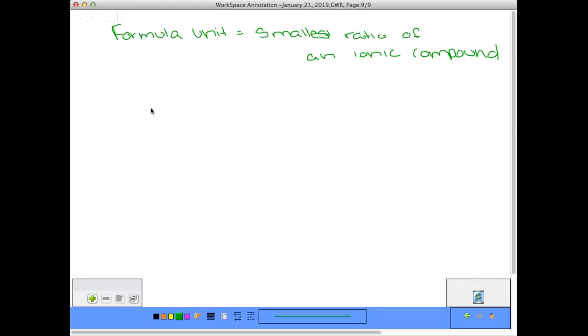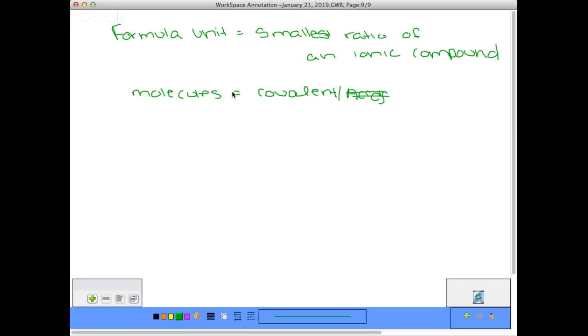And molecules, in our case, refer to covalent compounds. They can also be referred to as acids. But so we could have a molecule of an acid, we could have a molecule of a covalent compound. Actually, acids more fall in line under formula units.